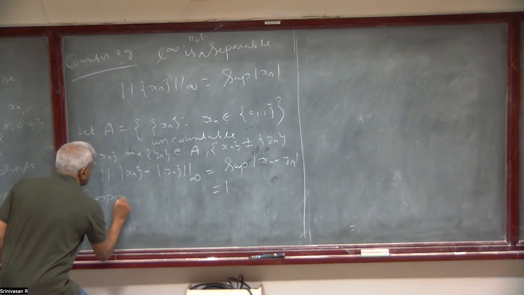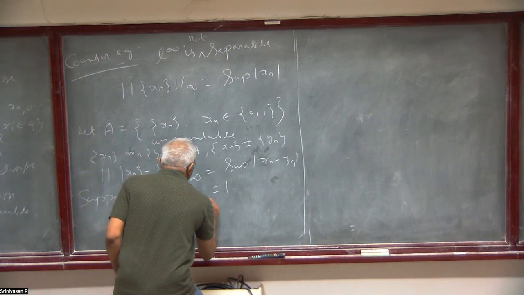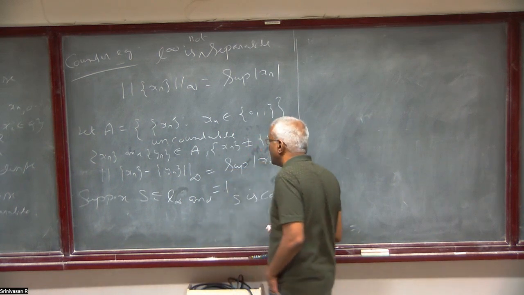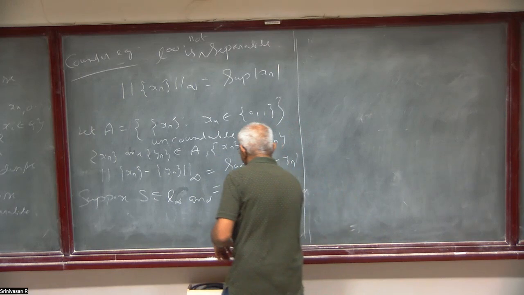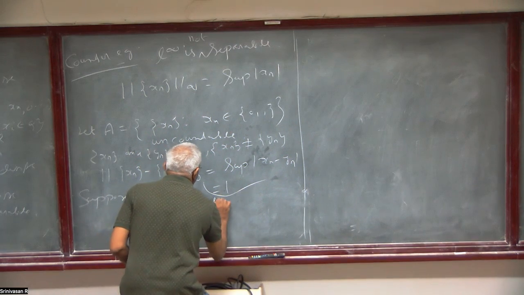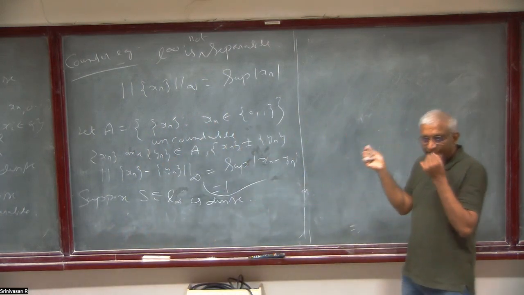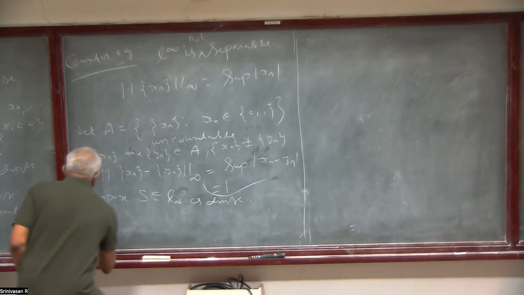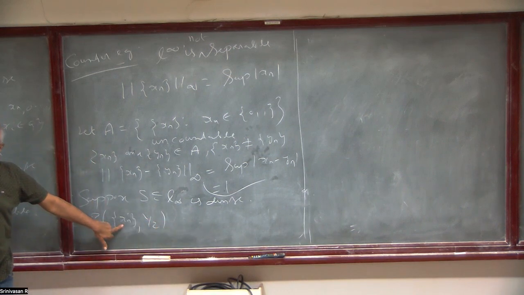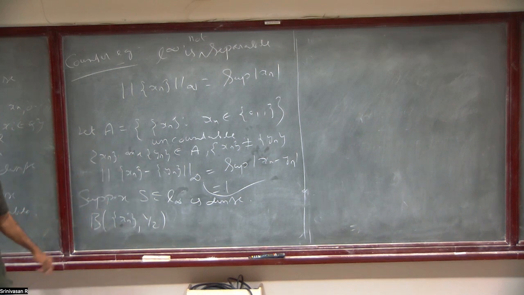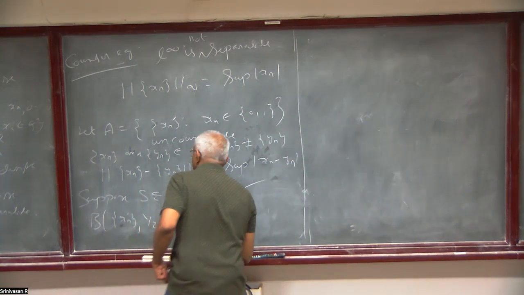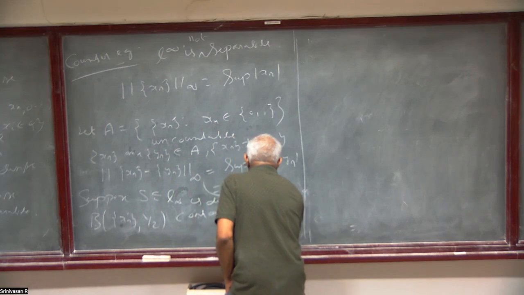That is, suppose S contained in L infinity is countable and dense. Then the ball B of any xn with radius half should contain an element from S, right?